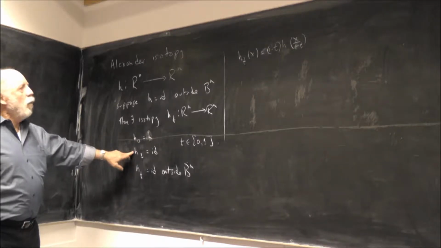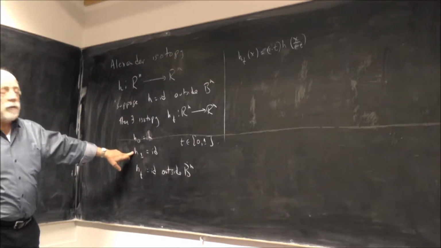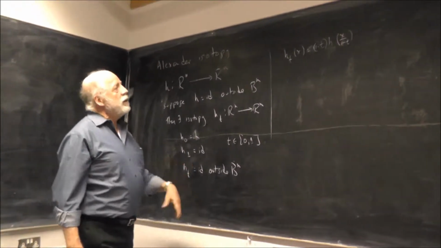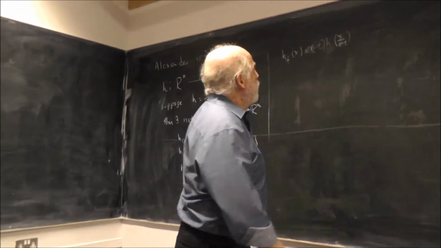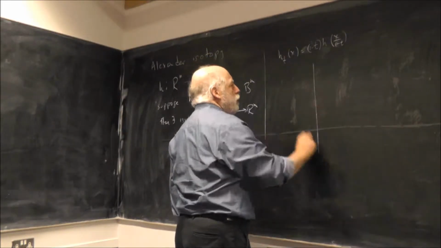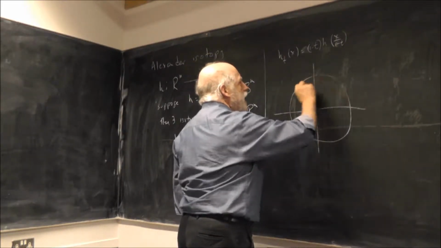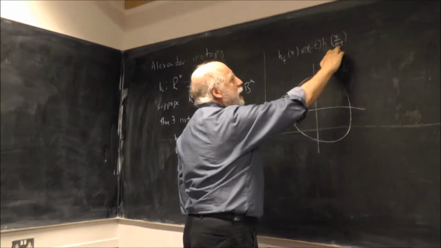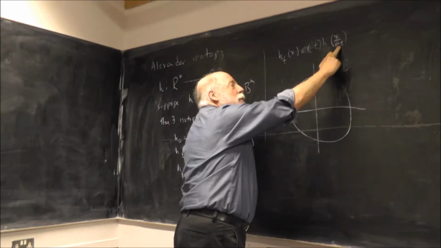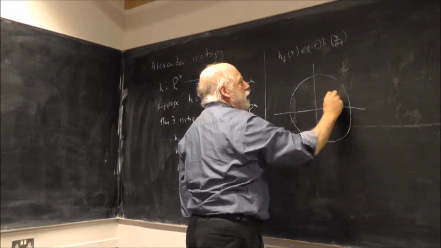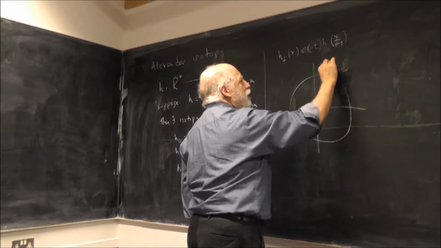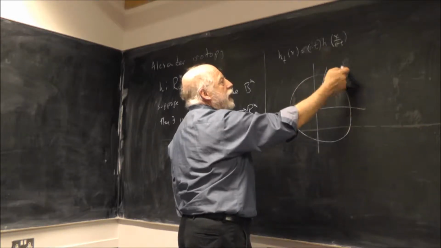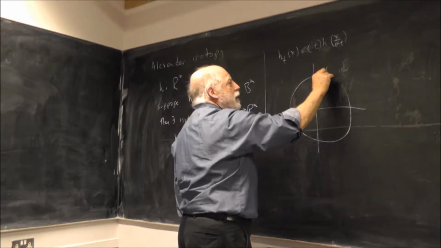At time 1, it's not so clear what it is right off, but you have to think a second. What does this look like at time a half? You have this homeomorphism, it's the identity out here, and it's whatever it is inside. But now at time a half, you multiply by 2, so a point out here gets pushed outside, where it's not moved at all because it's the identity, and then you just bring it back to where it started.